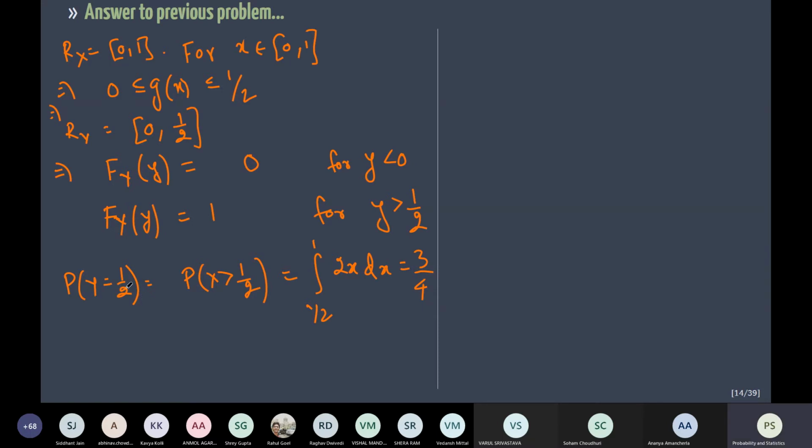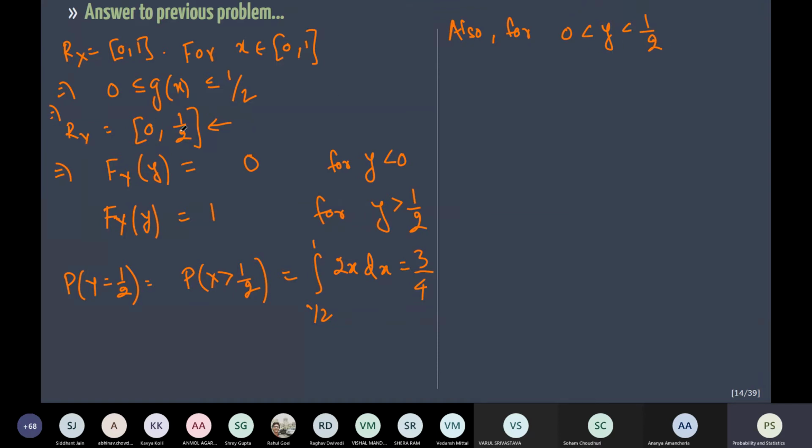within 0 and half, because our range of y is this, so we have to define the possible probability values for y in this range, and that will help us find the CDF, right? So let us check also for 0 less than y less than half.